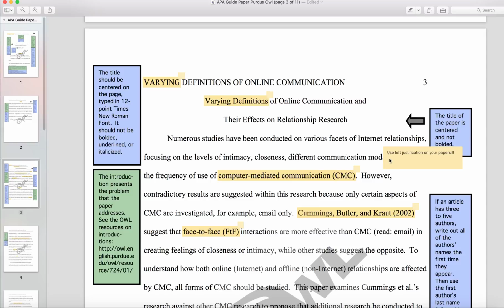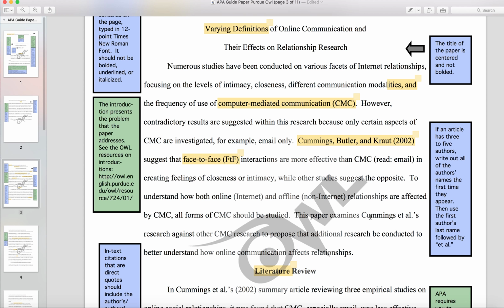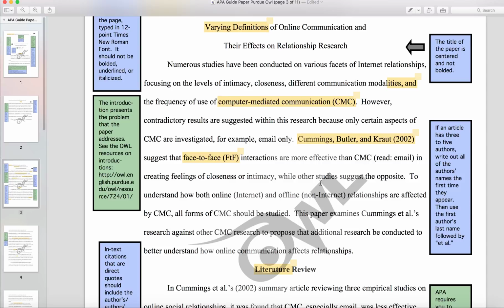So you want to make sure you use left justification on your papers. Then it looks like there are 2 spaces after the period. I've heard something about going to 1, but I've always used 2 spaces, and it looks like there are 2 spaces here. Again, just another example of the abbreviations.